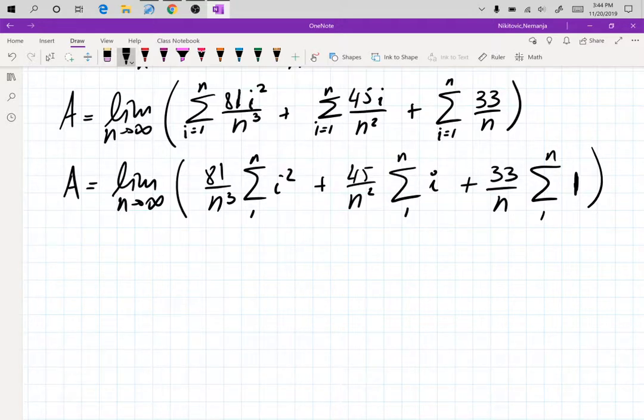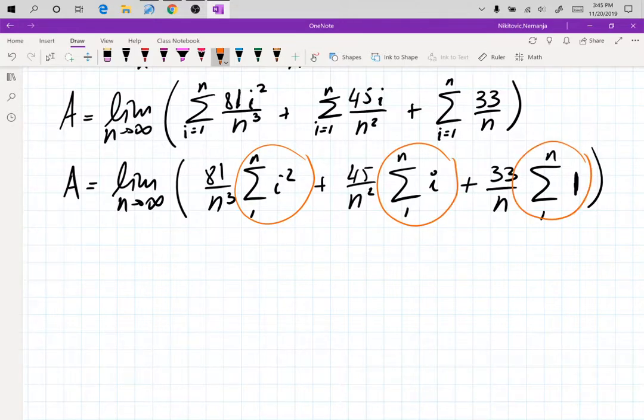Cool. The next thing is to use the formulas which convert these. There are 4 formulas in the textbook that convert those sums into expressions with n, because those would be the sum of those expressions.